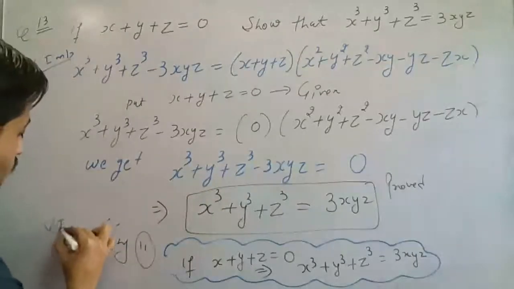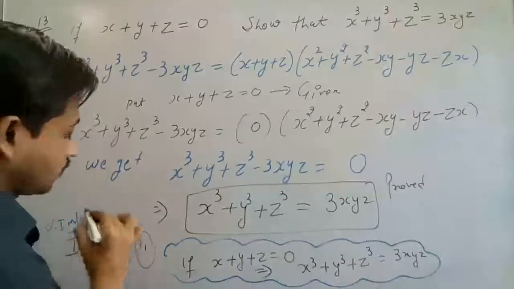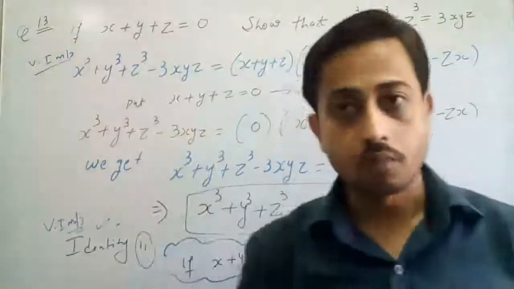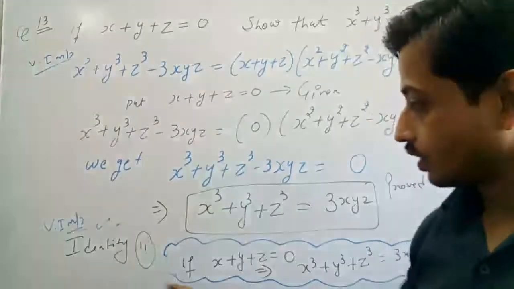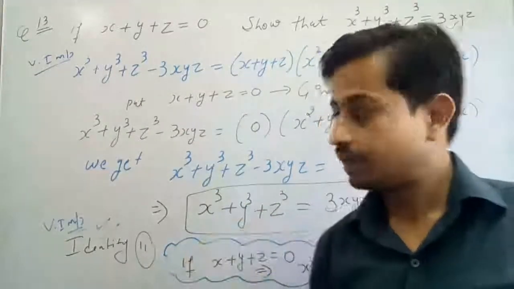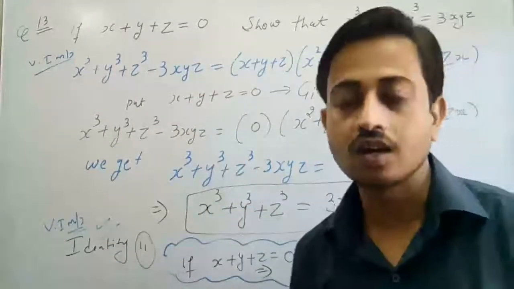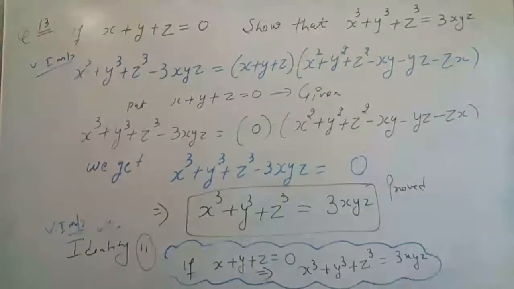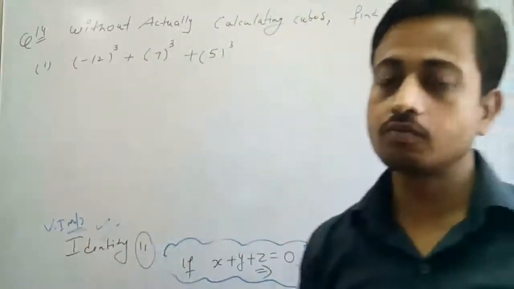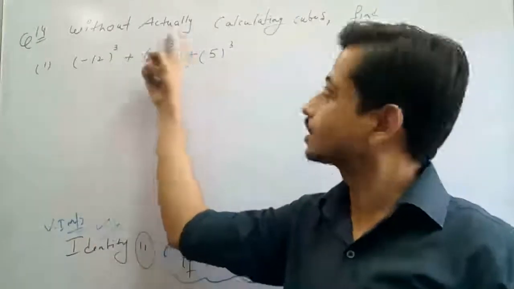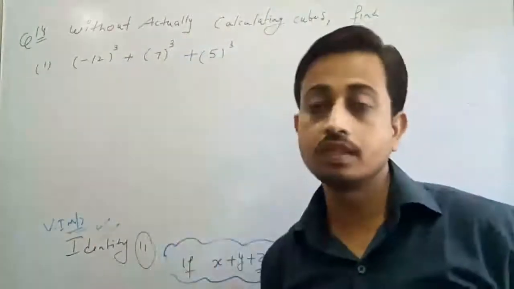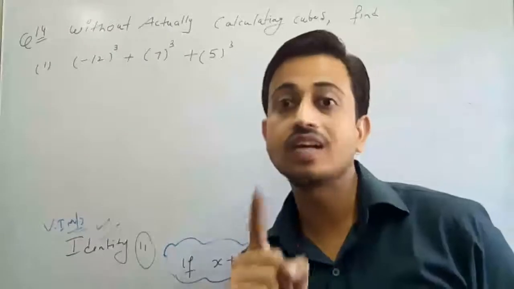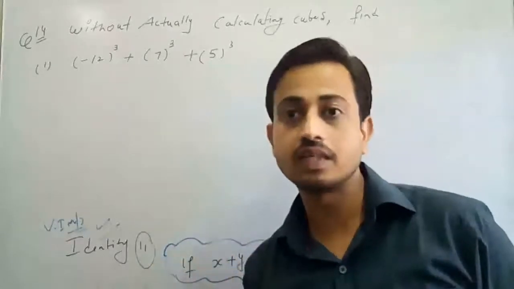This is also very important. So please note it in your identity. It's very easy. Now look at the question number 14. Without actually calculating the cube, it means you don't have to do calculation as a multiplication.